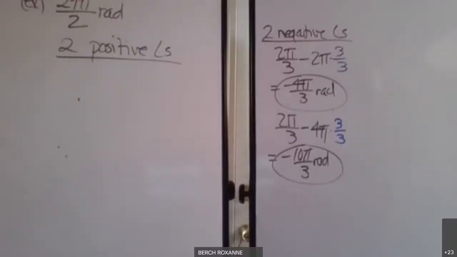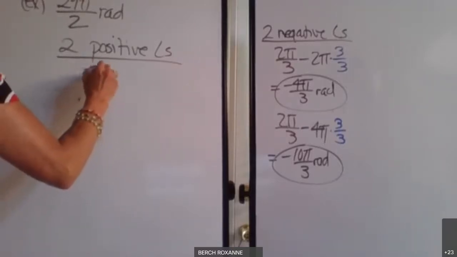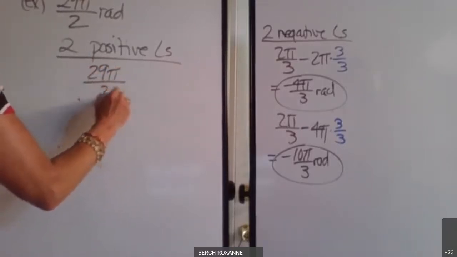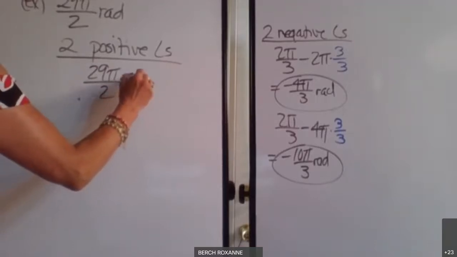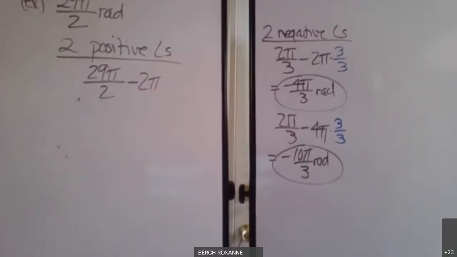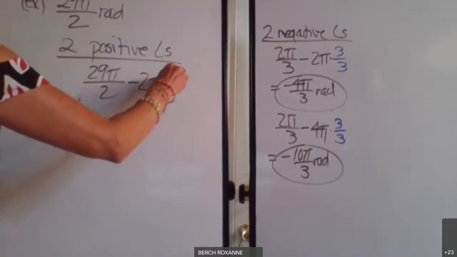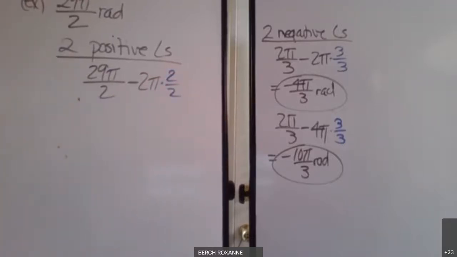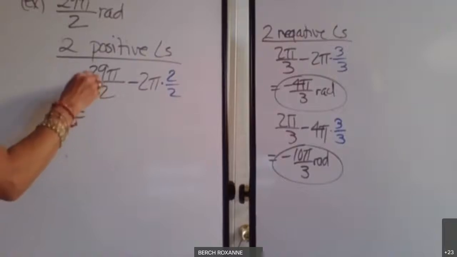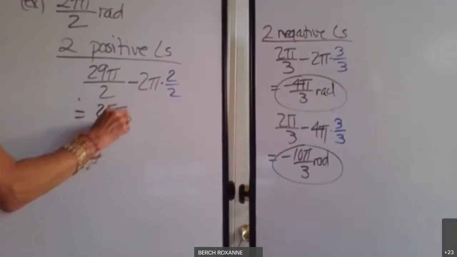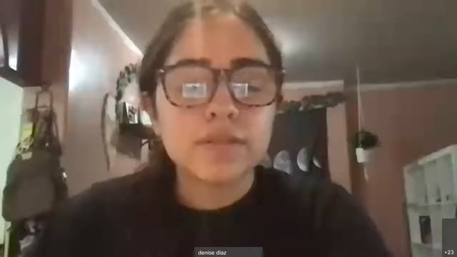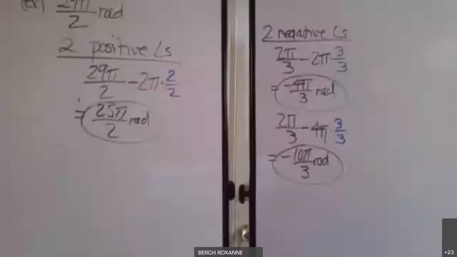Now, a minute ago, you told me to add 2 pi. Well, what happens if I subtract 2 pi? Isn't that going to be 29 minus 4, which is 25 pi over 2? It's still positive. Do you follow me?